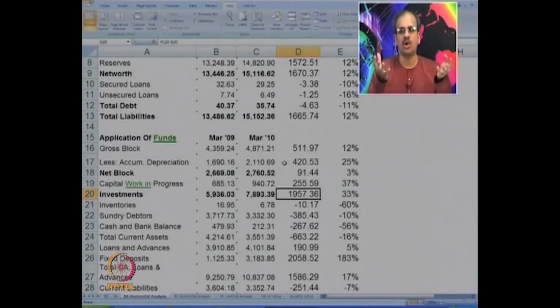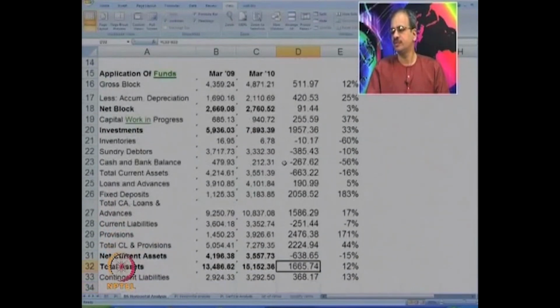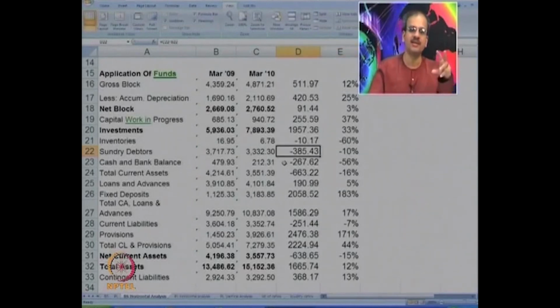So company has lot of surplus funds which it has invested. Go down. So you will observe that there is a major decrease in the sundry debtors. So 10% decrease in the sundry debtors, which is a good sign if company is able to recover its earlier money.